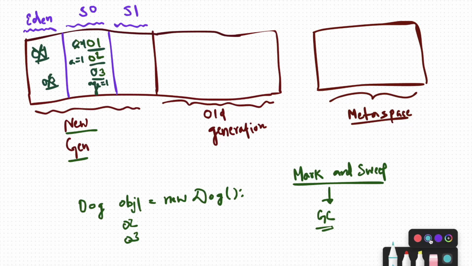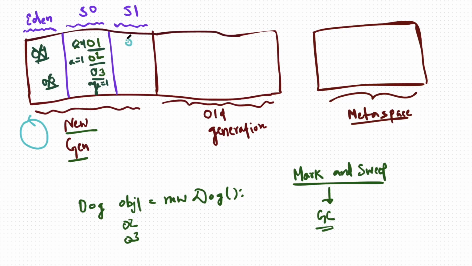After a while, once one cycle is completed, these things will be moved to survivor space 2. This is my O1, this is my O2, and this is my O3. Now what will be the age of these objects? Now the age of this object is 2, age of this object is 2, age of this object is 2.